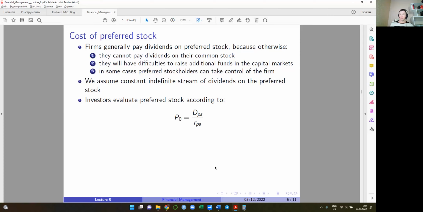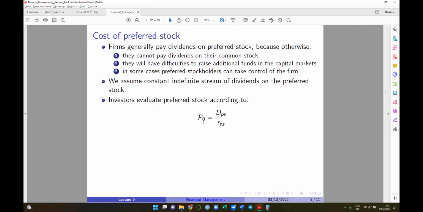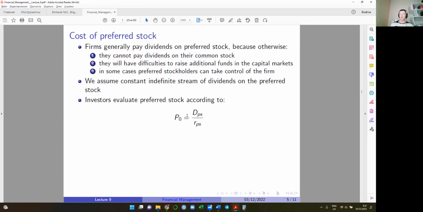And we know from lecture number 5 that if there is no growth, investors evaluate a stock. Investors compute the maximum price acceptable to pay according to the following formula: we just divide dividend by the required return. Now we are talking about the firm side.